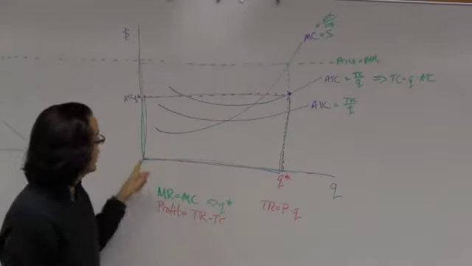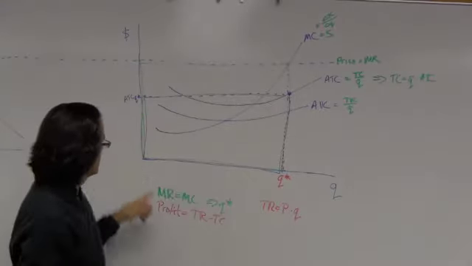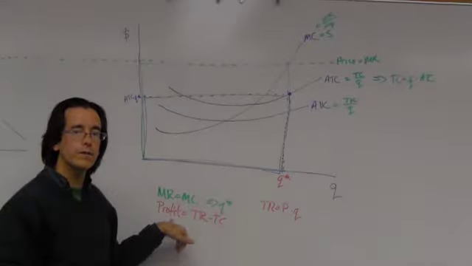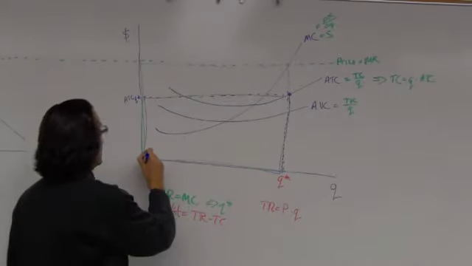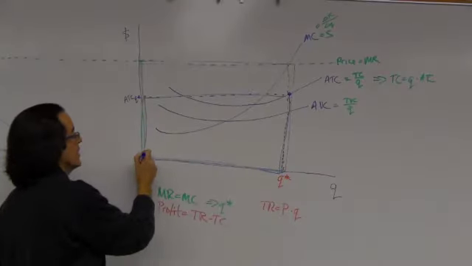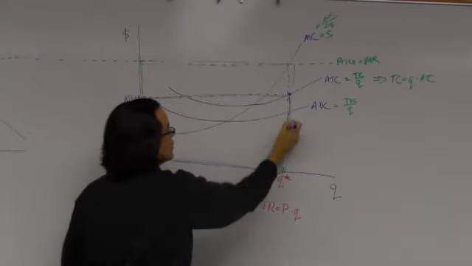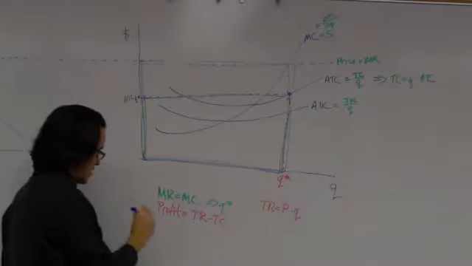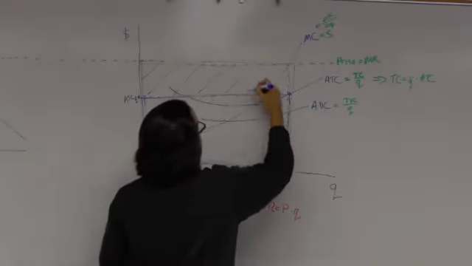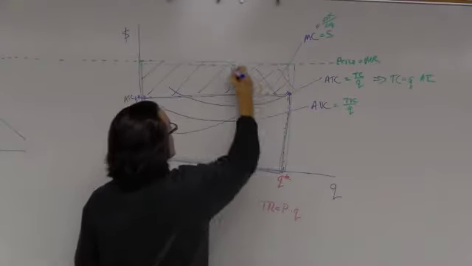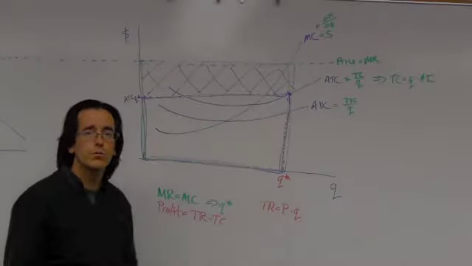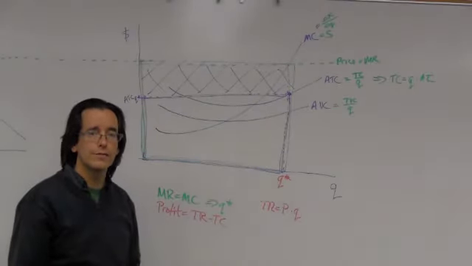So if we've got the total revenue, this box, and we've got the total cost box, we can calculate what the profit is. The area of the total revenue, that box, subtract your total cost, that box, and what you have left is the area of this box, which represents your profit.